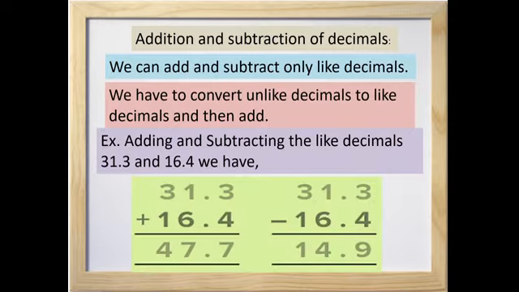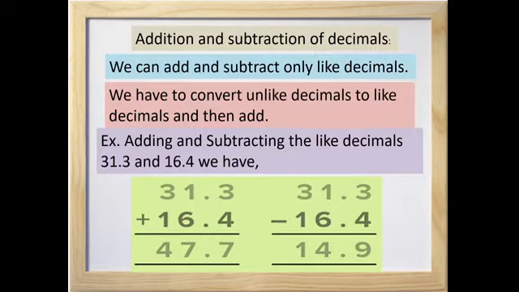For that, children, we have to arrange these two numbers in columns such that the decimal point lies one below the other. We have to be very particular, children, that the decimal point lies below one another.